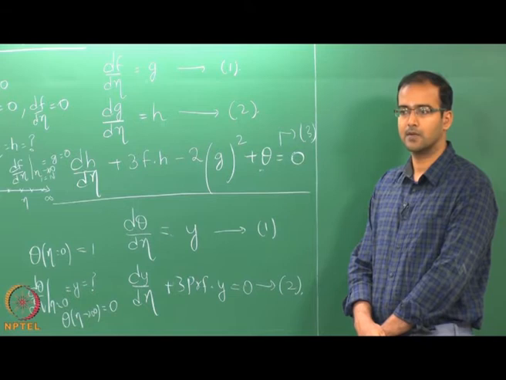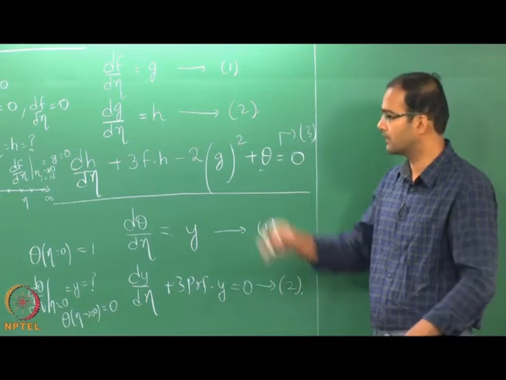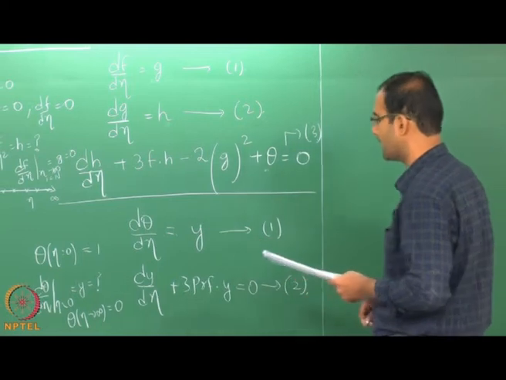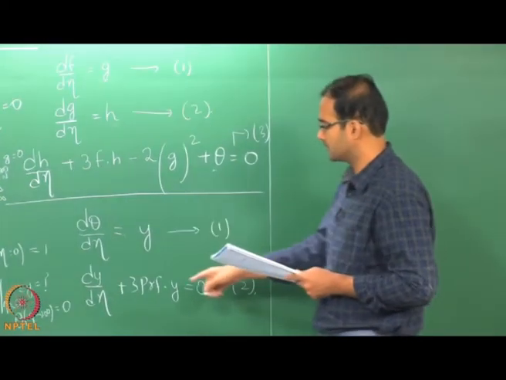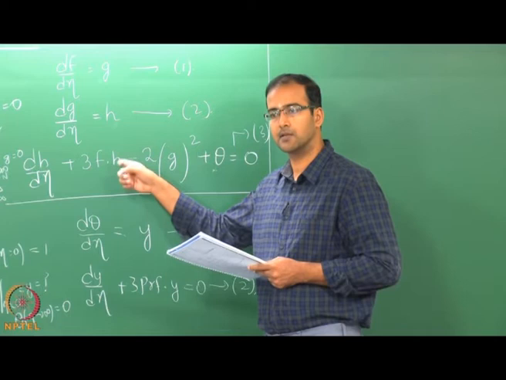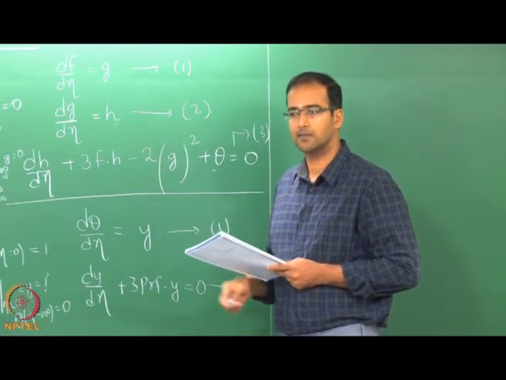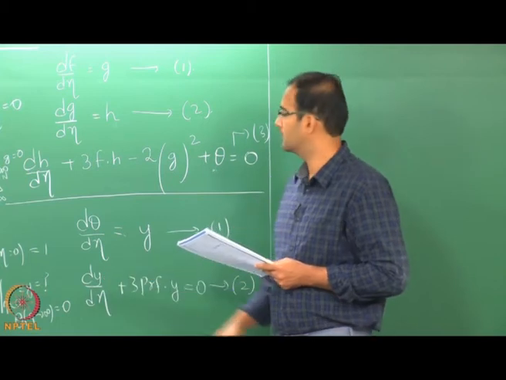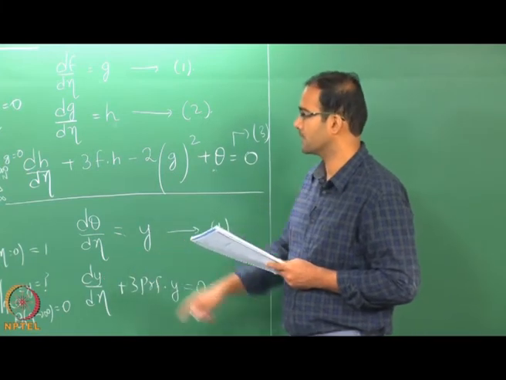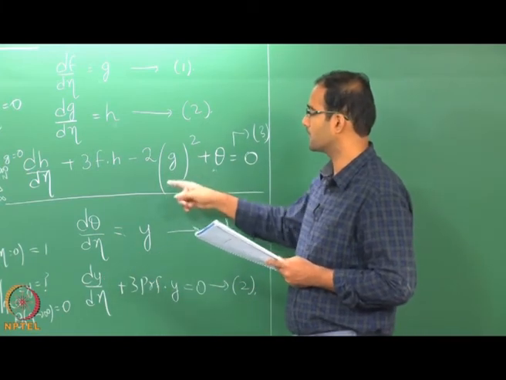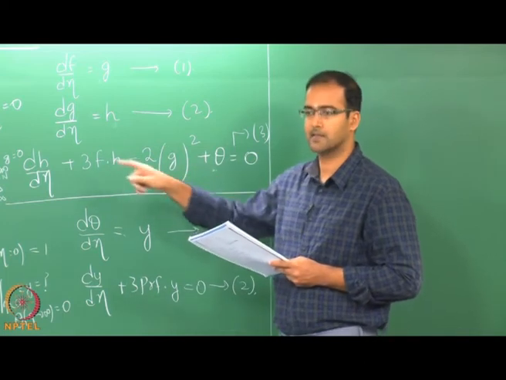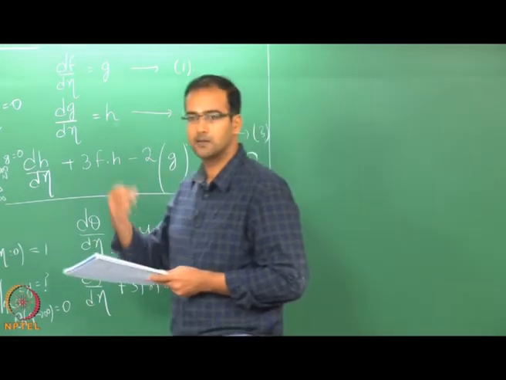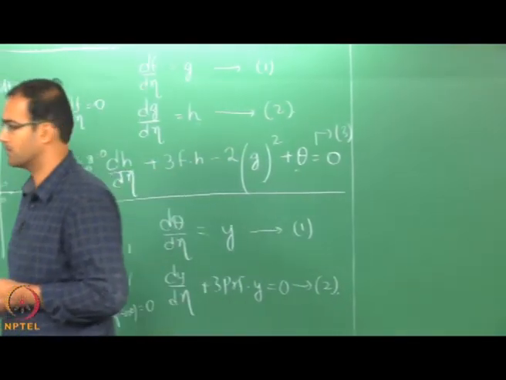Once you do this, you will have the equations solved for different values of Prandtl number. So, you will now have a unique solution for velocity also as a function of Prandtl number, because Prandtl number decides the temperature profile, and that temperature profile goes into this and decides the velocity solution. Prandtl number will govern both the temperature as well as the momentum profiles.